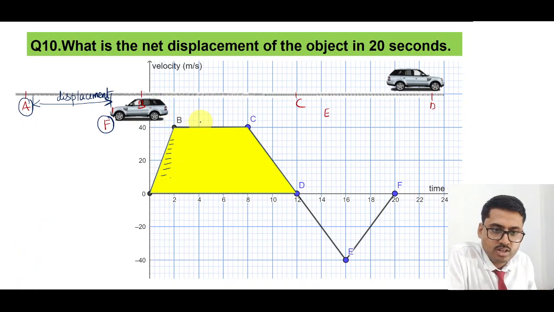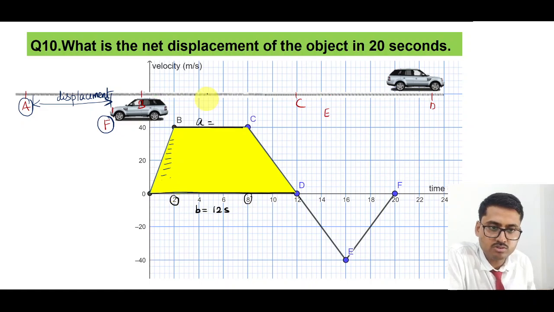If I call this parallel side A and this parallel side B, B is going to be 12 seconds, A is equal to 8 minus 2, which is 6 seconds. I am calling this area 1.